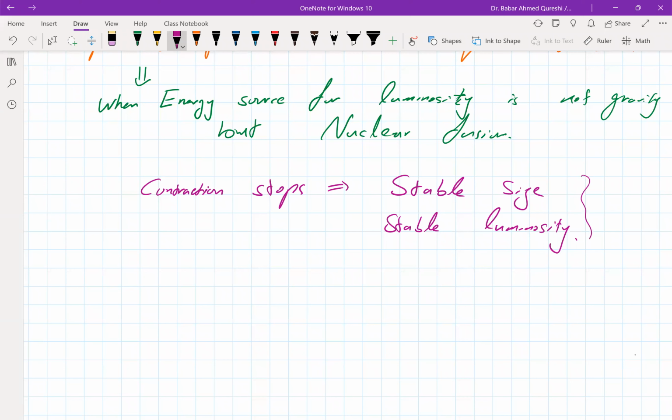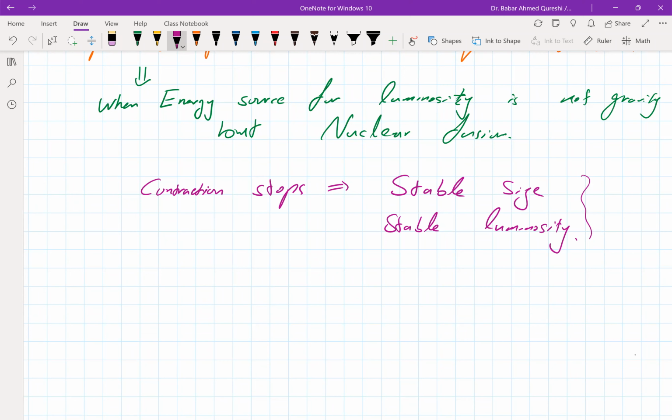Let me just mention it here, although it's just a review. I didn't mention it during the class that the size and luminosity are stable, but not completely stable. There are changes over the lifetime of a star where the luminosity slowly increases because the core is still slowly shrinking a little bit.